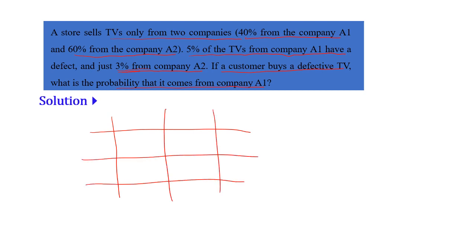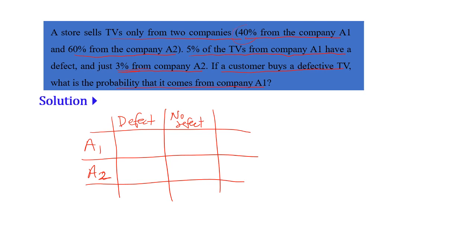Now we have two companies. Let's say this is company A1, company A2. The other thing is that some of the TVs have a defect, and some of them have no defect.